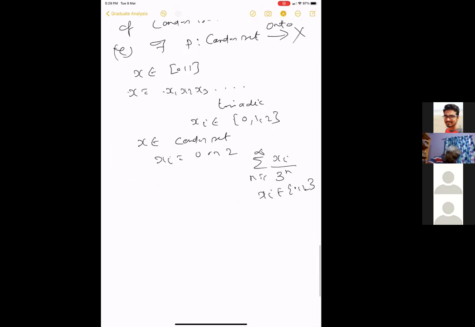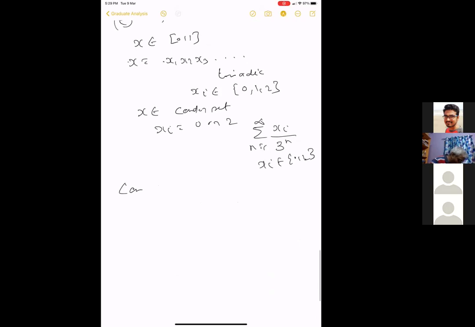So the Cantor set is nothing but homeomorphic to the countable direct product of {0, 2}, which is any two element set.